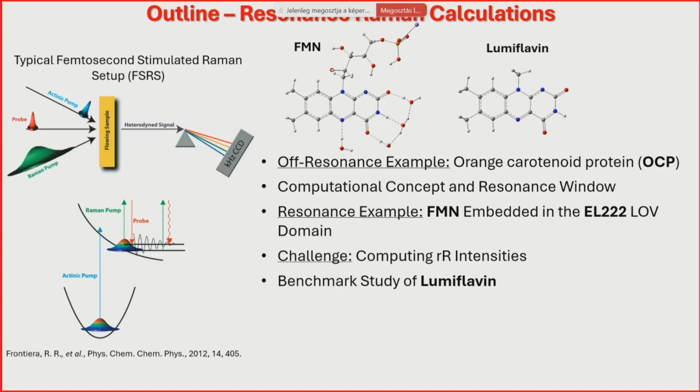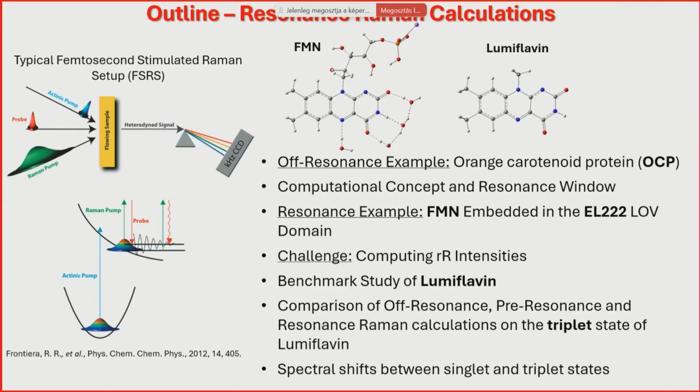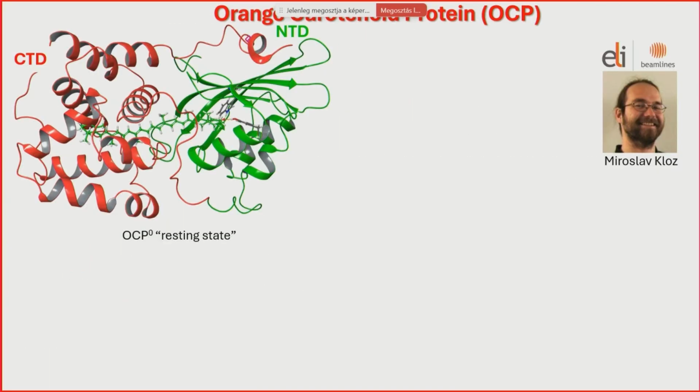Then I will talk about the challenge presented by trying to compute resonance Raman intensities, which leads to the benchmark study of lumiflavin. Finally, a comparison of off-resonance, pre-resonance, and resonance Raman spectra on the triplet state of lumiflavin, and how calculations can help us nuance spectral shifts between singlet and triplet states in flavins.